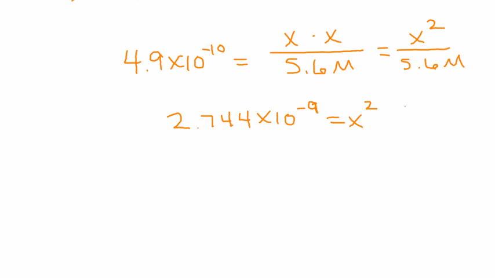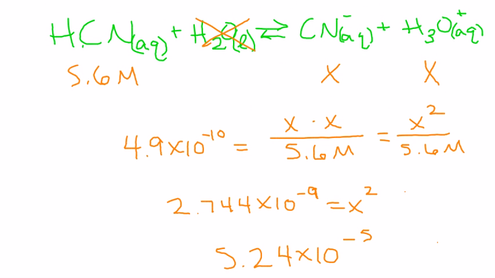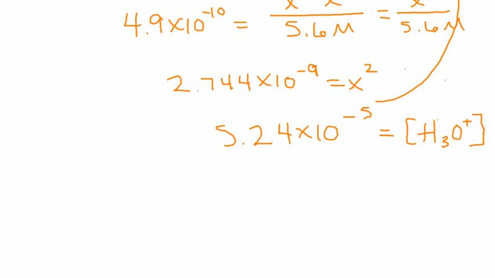and I get 5.24 times 10 to the minus 5th. Now, remember, that number is the concentration of the hydronium ion. Remember what that number means. It's not just an X, it's the concentration of the hydronium ion. That's pretty important for us because now we can use that to find our pH.